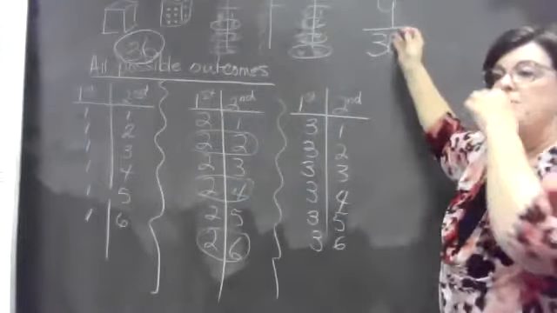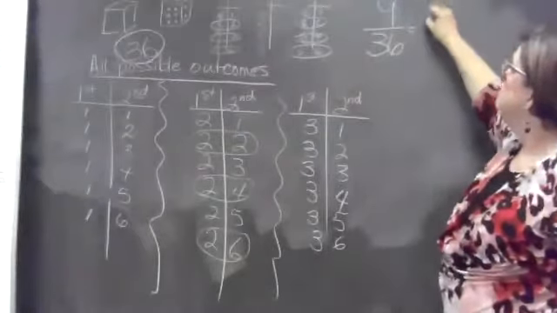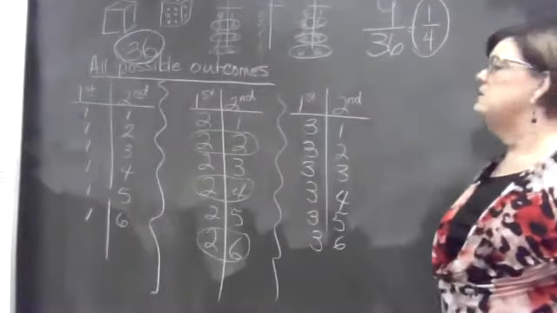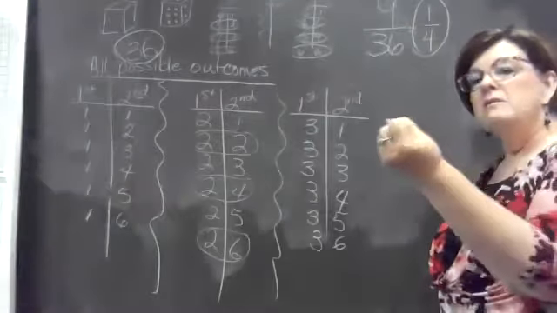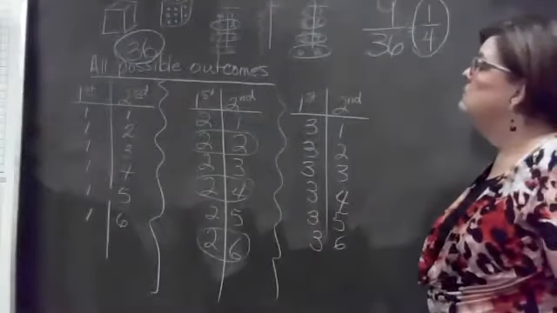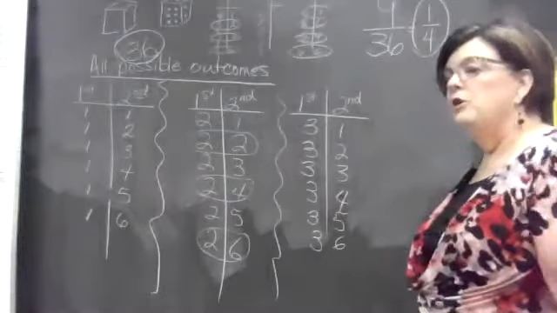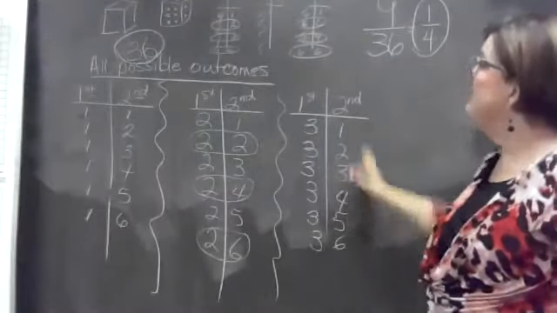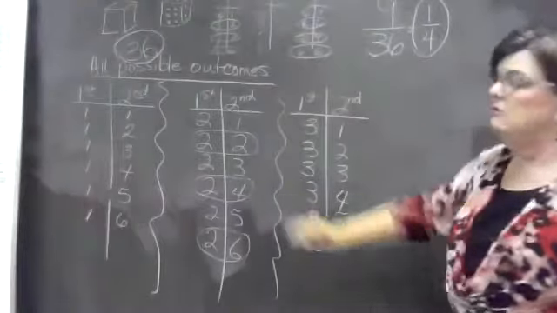And then you would simplify this to 1/4. So the probability that, throwing the dice, both of them would come up to be an even number. And you're going to use these outcomes every single time on that page.